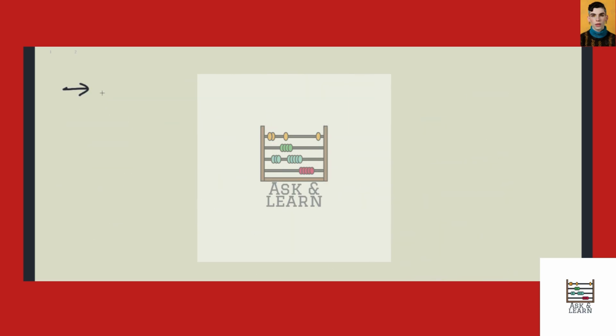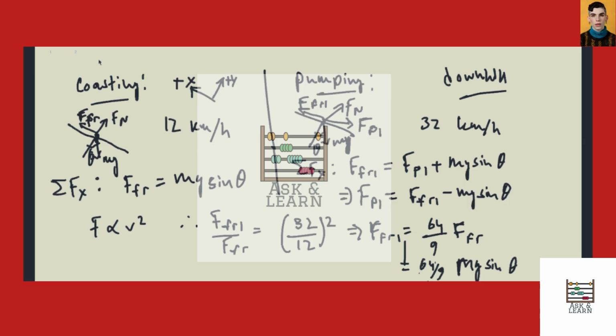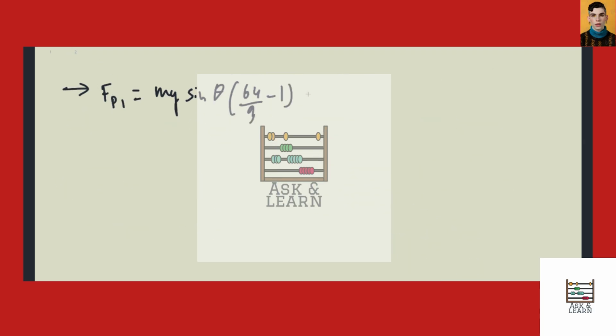Therefore, we have that FP1 is mg sine theta, that's the common term, times 64 over 9 minus 1. I just replaced FR1 there. And so this is 55 over 9 times mg sine theta.